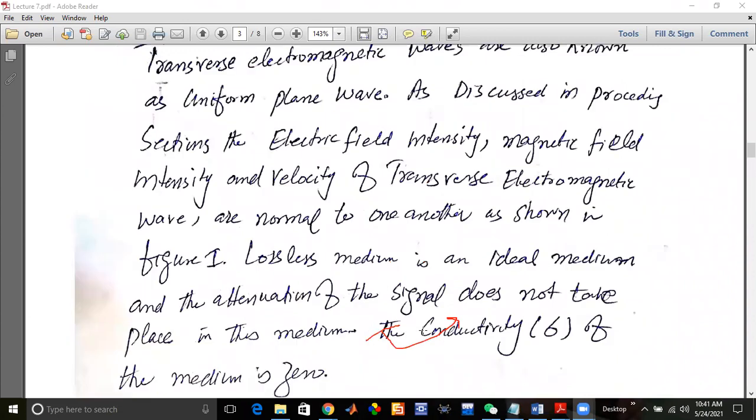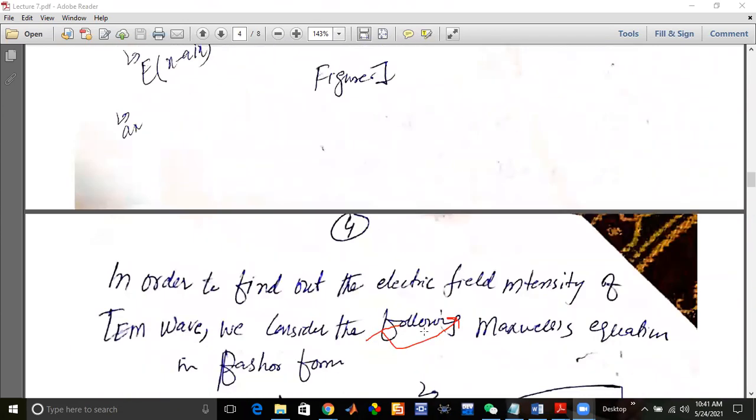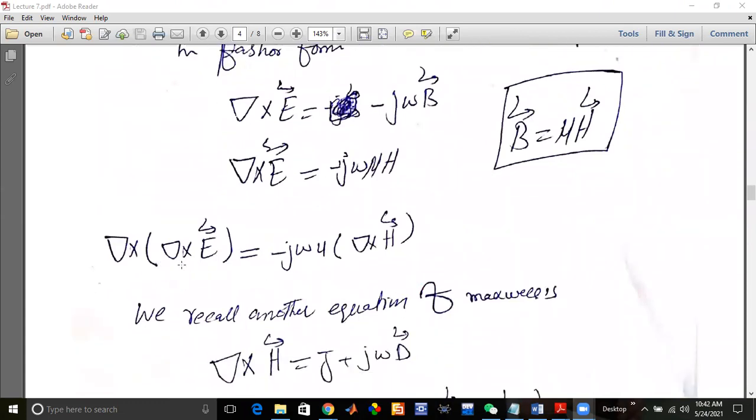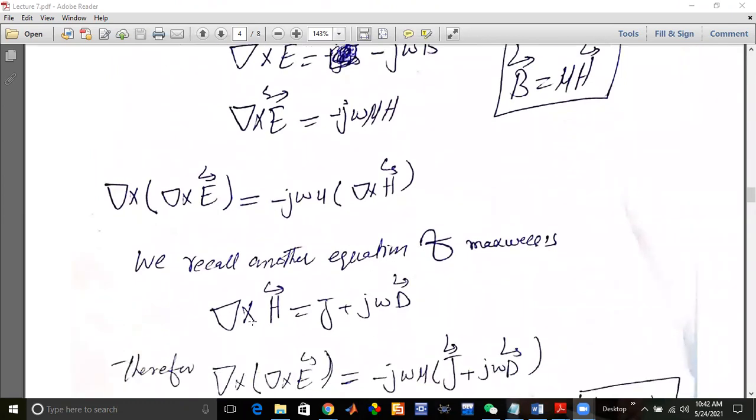So if we write this quantity, the curl of the curl of E is equal to minus j omega mu times the curl of H, and you know that the curl of H is J plus j omega D, but remember to use the phasor symbol.